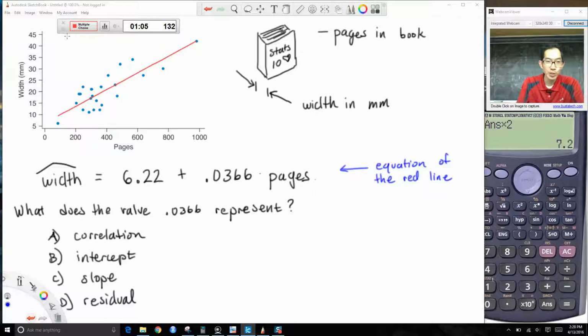We'll say 5 more seconds to get your clicks in. 5, 4, 3, 2, 1.